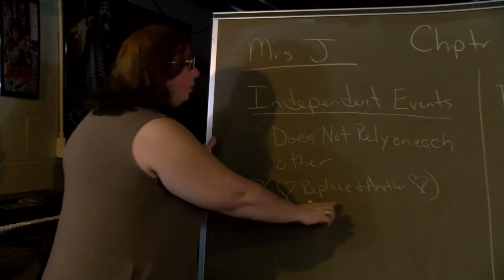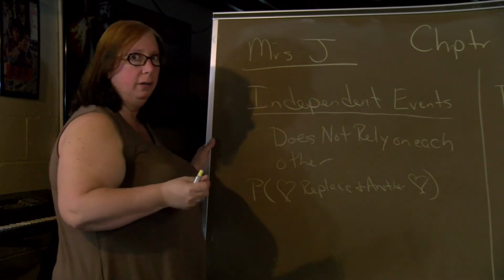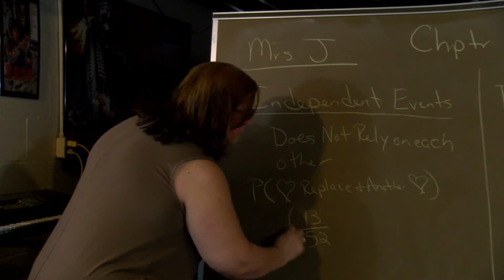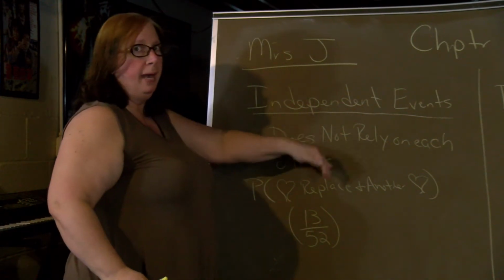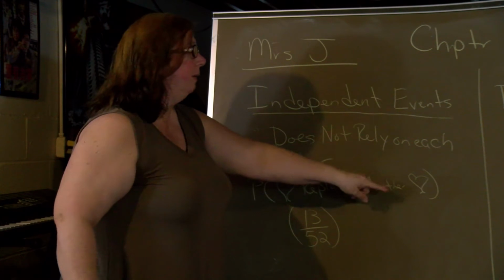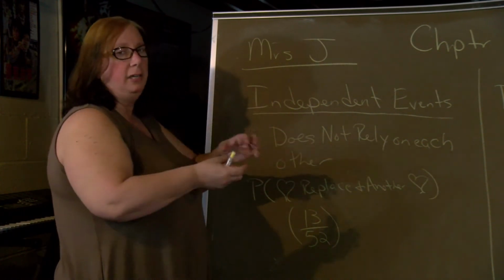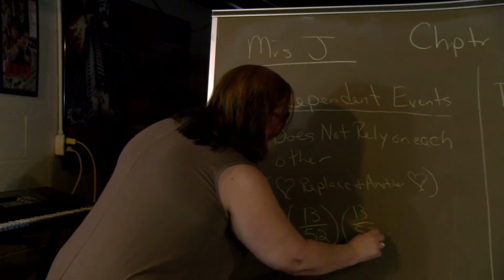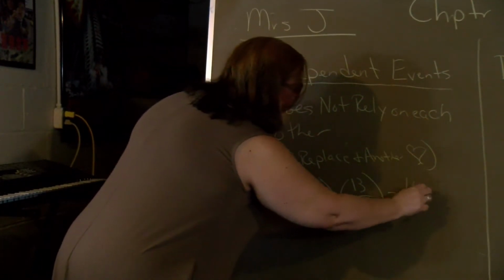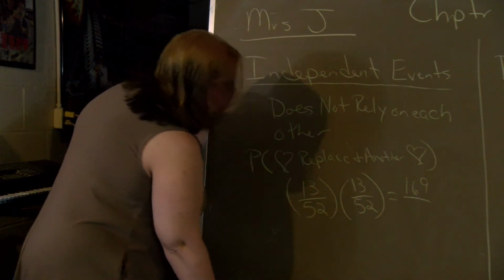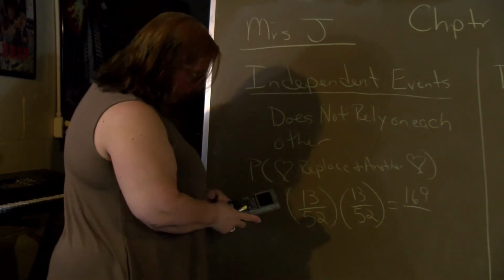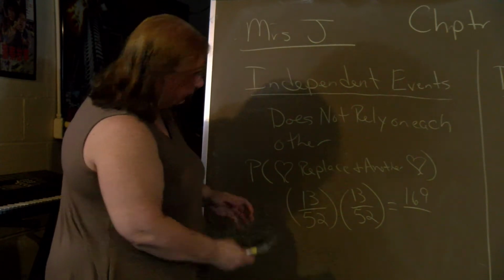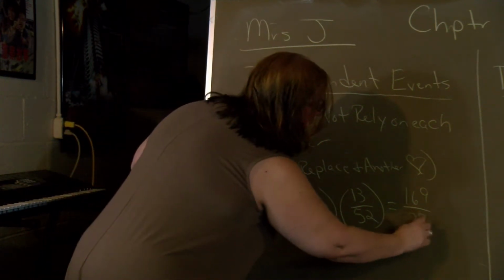The probability of pulling a heart is 13 out of 52. But then we're putting it back in, so the next heart is still from the same 52 cards, which makes it 13 out of 52. Then you just multiply those together. 13 times 13 is 169, and 52 times 52 is 2704.